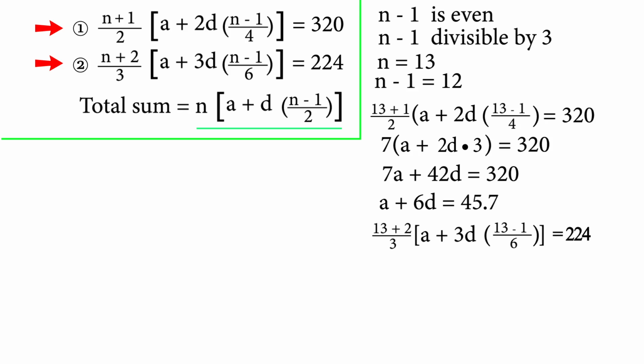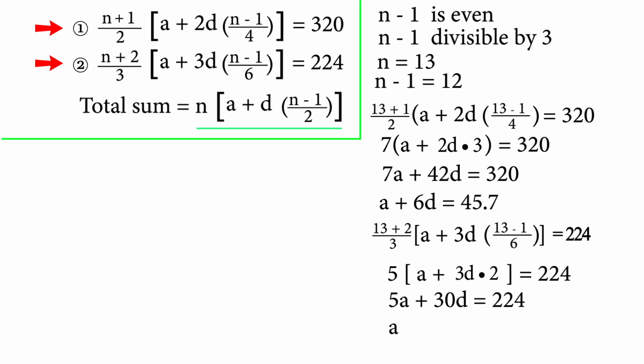That looks like 5 times (a plus 3d) times 2 is equal to 224, and that looks like 5a plus 30d, if you multiply this all out, is 224. If I divide through by 5, I get a plus 6d is equal to 44.8. Oh boy, that doesn't work. a plus 6d is 45 there, a plus 6d is 44. Okay, that means that this is not right. No problem. Let's keep going.